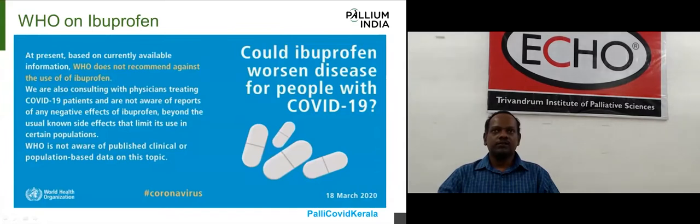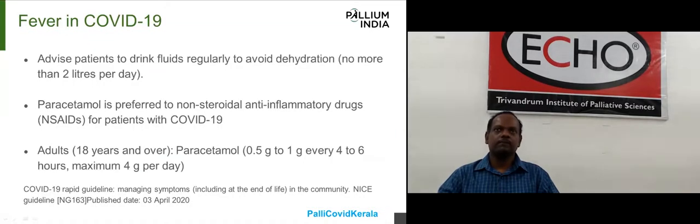So this is the controversy regarding ibuprofen for the treatment of fever in COVID-19. But WHO says there is no proof to recommend against the use of ibuprofen in the treatment of fever, and they are waiting for more research in this area to get clearer guidelines. The NICE guidelines suggest using paracetamol over NSAIDs for treatment of fever in COVID-19.